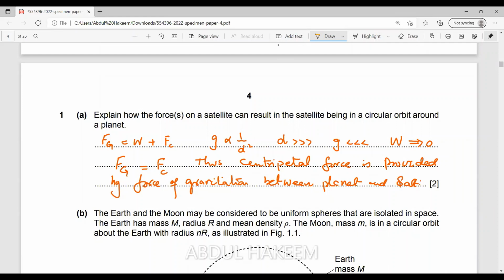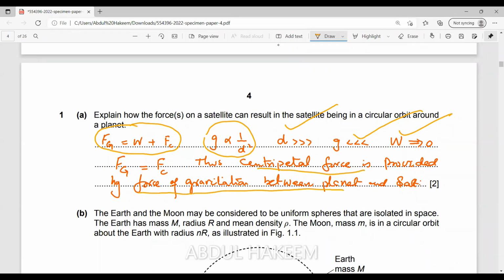So look, the force of gravitation is equal to weight plus centripetal force, but in the orbit, g is inversely proportional to d. d is too large, so g is very small, weight negligible. Thus, Fg, the gravitational force, is centripetal. I mean, the centripetal force is provided by the gravitational force between the planet and the star. This is the answer to this part.